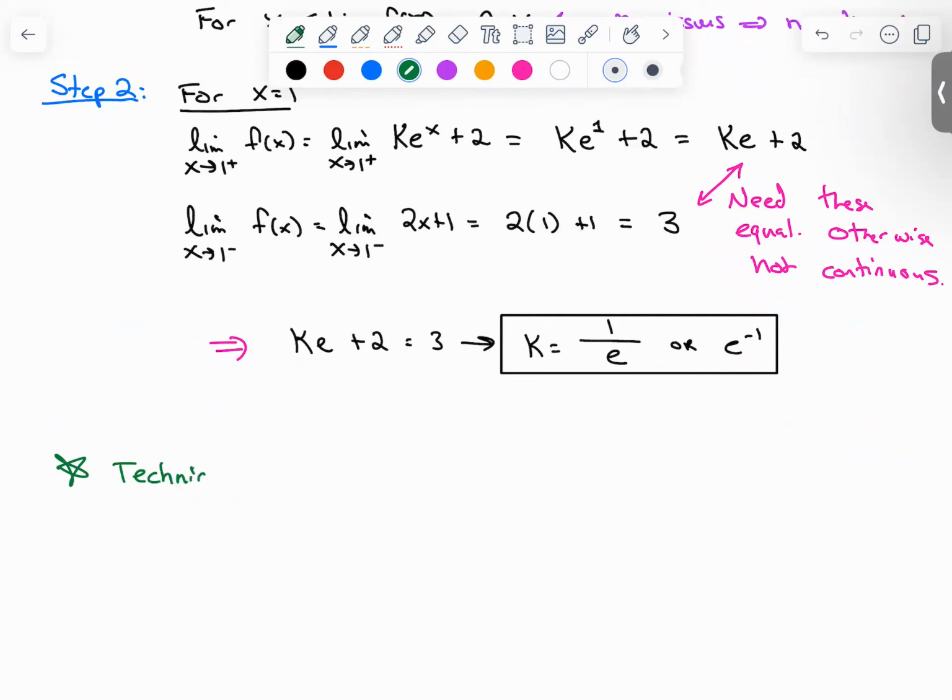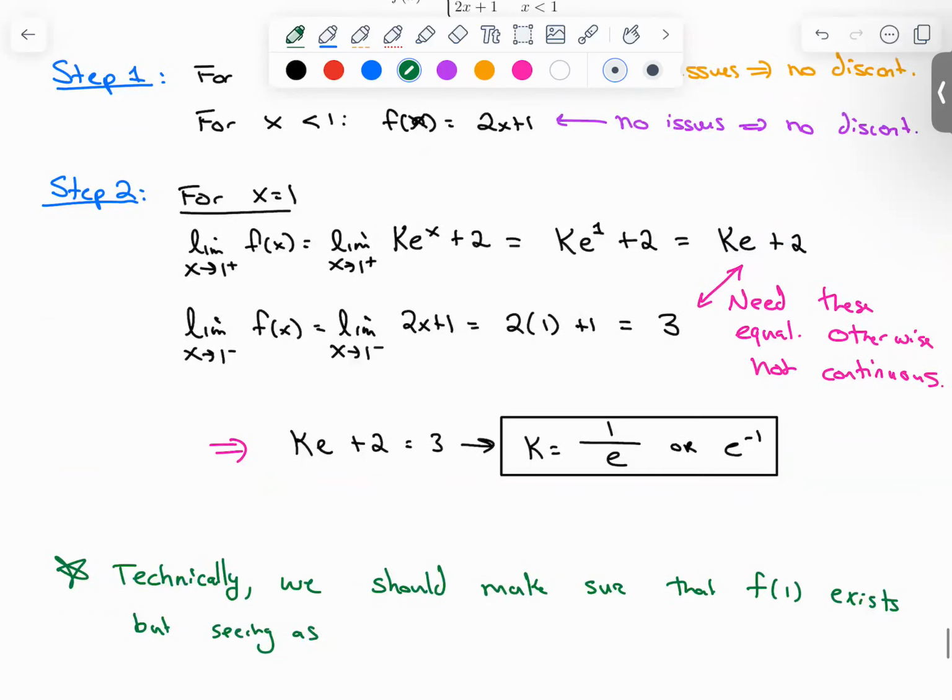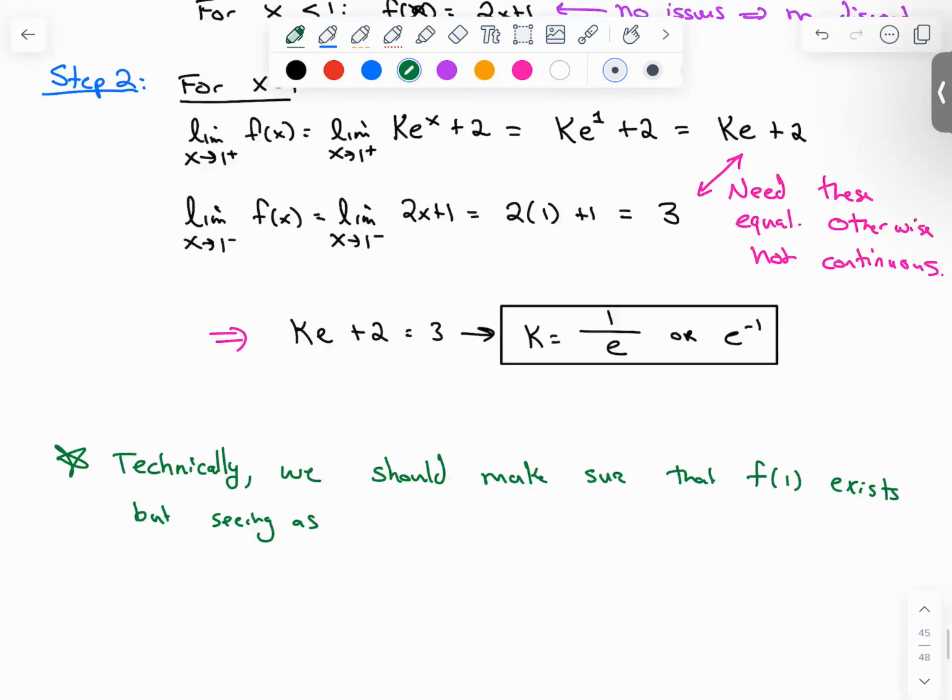Technically speaking, we should make sure that f of 1 exists, but seeing as f is defined at x equals 1, we should be good.